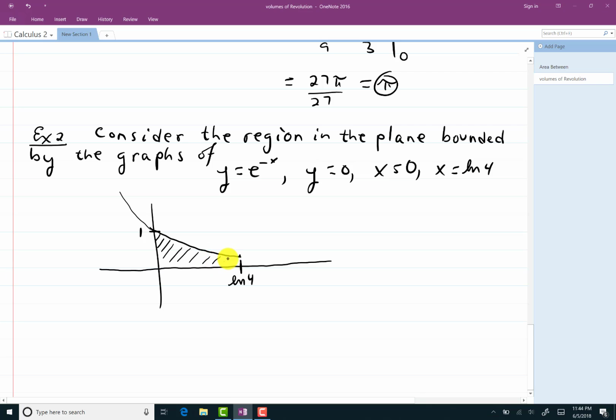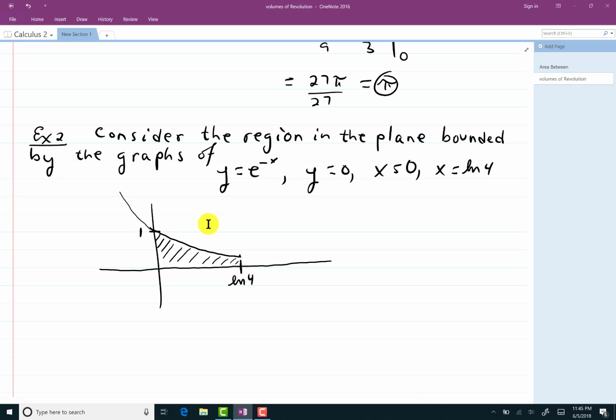It is literally bounded by those 4 curves. It is inside of this graph because it's under it. It is above y equals 0. It is to the right of x equals 0 and to the left of x equals ln of 4. So here they are. The way that you know the region is, it'll typically be the only one on the graph that is actually contained or bounded, finite area.